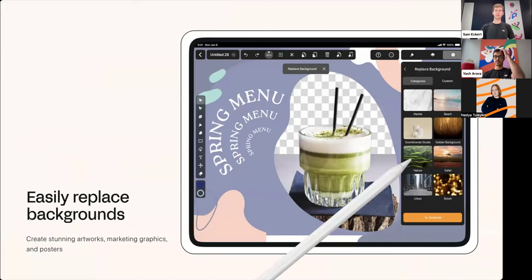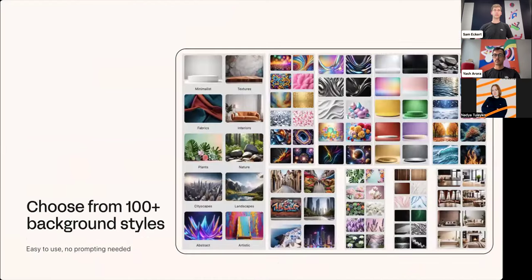Pretty easy. It allows you to replace backgrounds pretty easily. You can use them for stunning artworks, marketing graphics, posters, all sorts of things. And other than other AI tools, it's actually really easy to use. The way we designed it is you can choose from one of over 100 background styles that we define for you.